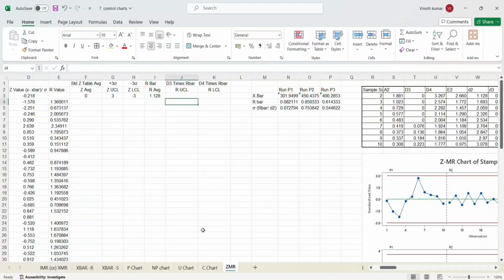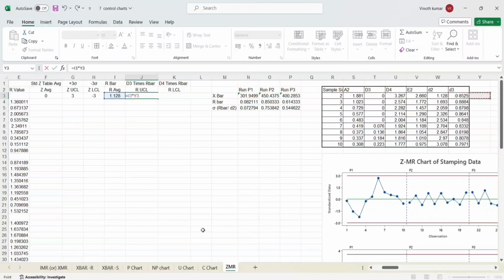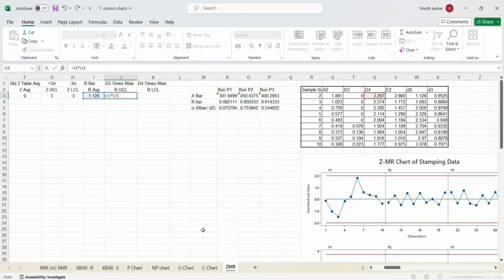Z UCL will be z average multiplied by d4 times. So the d4 value is here, so let's freeze it here. The d4 value will always be 3.628, and the moving range UCL will be 1.128 multiplied by d3 value. So these are the standard values.